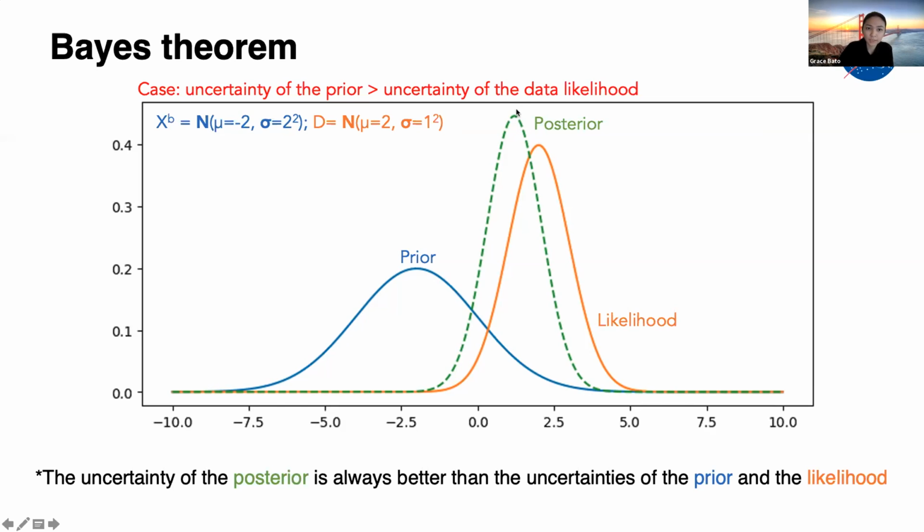But its mean is now leaning towards the positive side because it puts more weight or trust on our data, because the data has a better uncertainty. And here I just want to note that the uncertainty of the posterior is always better than the uncertainties of either the prior or the likelihood function.